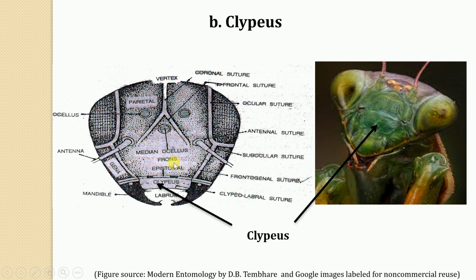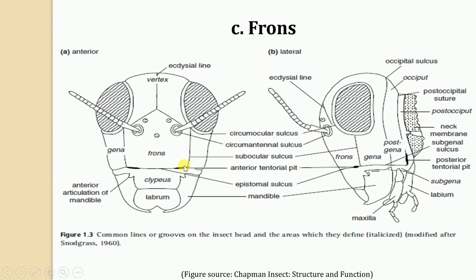So in this diagram you can see the region known as the frons, which contains only a median ocellus. In some cases all three ocelli may occur in the region of the frons, and in other cases only the median ocellus lies in the frons region.